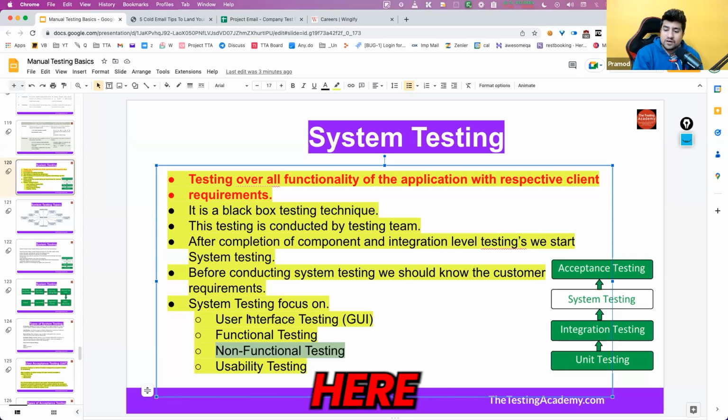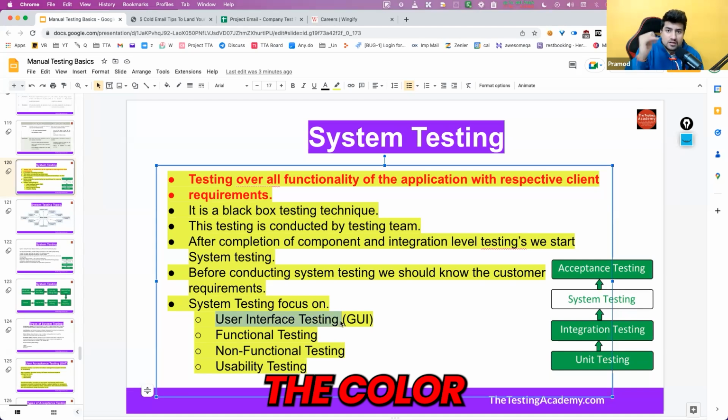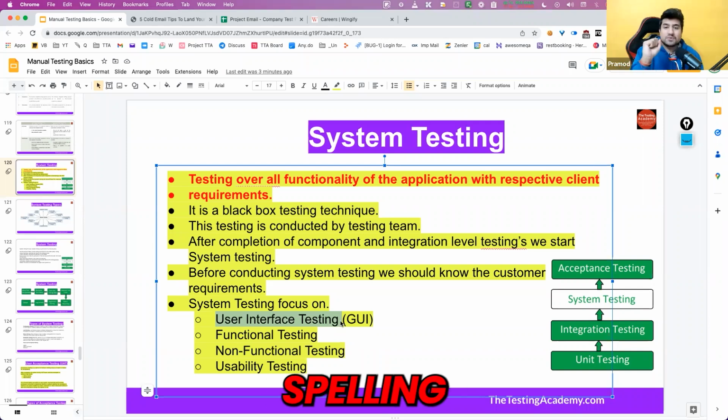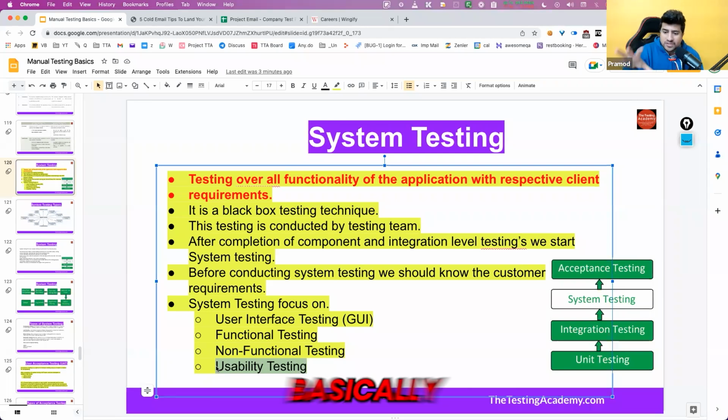But just see here, we will also do UI testing, where we check the color of the button, whether this is visible or not, whether this text is fine, whether there are spelling mistakes. These things come under user interface testing. Then you have usability testing, where you check how your UI and UX look. Is it visible? Is the font not too small, and other things? So overall, in system testing, QAs are introduced, and that's what we have to know.